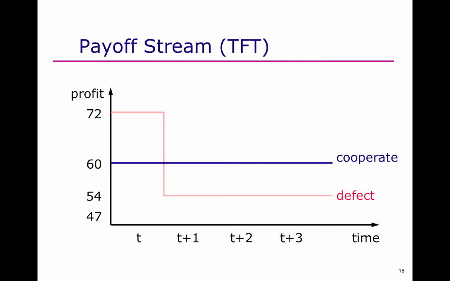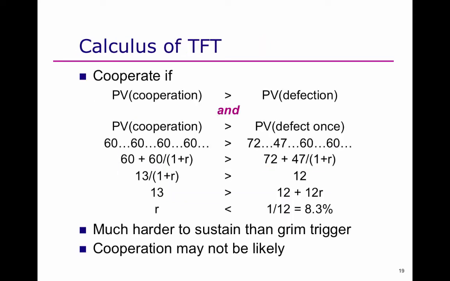Here the payoff stream is replicated again. The tit for tat analysis indicates cooperation occurs when I would generate 60 through time, and 13 over 1 plus R is my middle result there, you see. And if I defect once, 72 is what I earn when I defect.